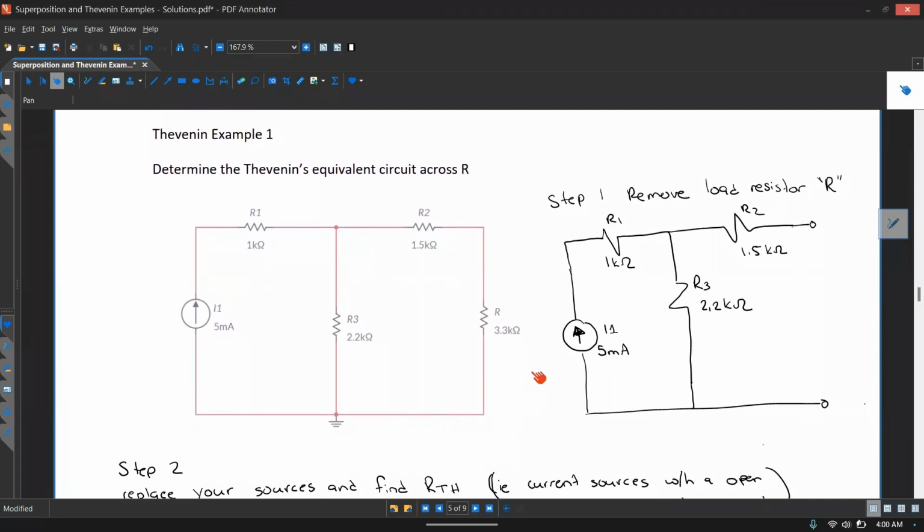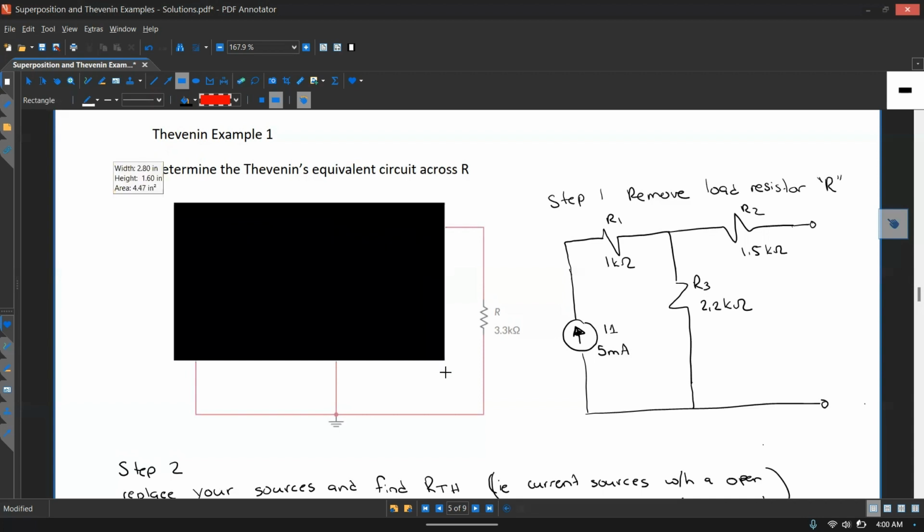So let's take a step back. The reason why Thevenin is important is because you may be given a project where you're asked to develop a circuit that produces a certain amount of resistance and voltage.